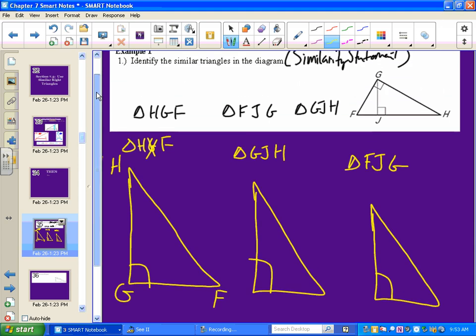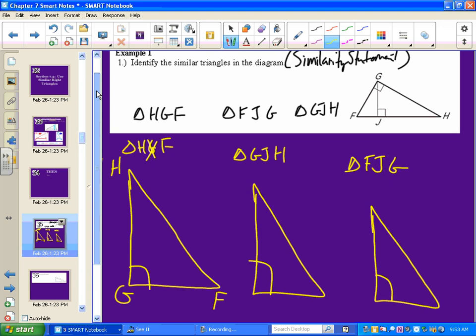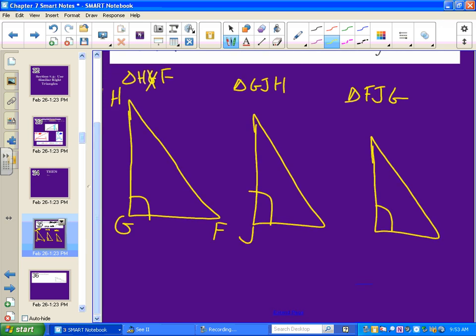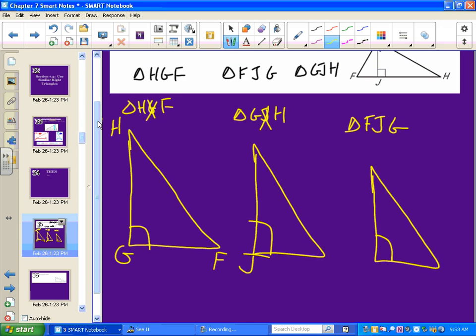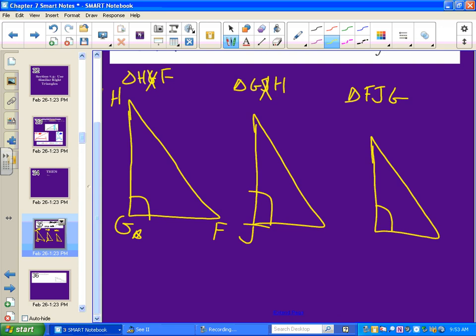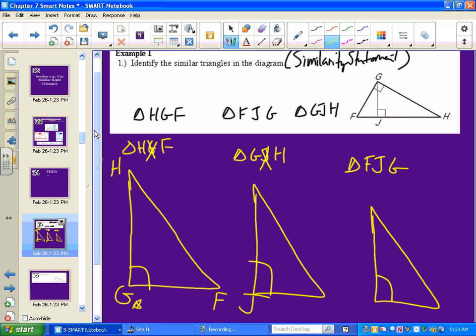In the next triangle, we have triangle GJH. J is the right angle, so that gets placed there. Now, G and H. We have to look back at the original triangle to determine where to place them. In the original, G is the right angle, and G is getting split up.